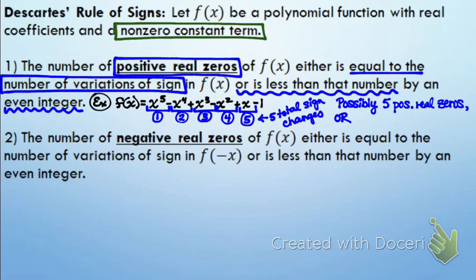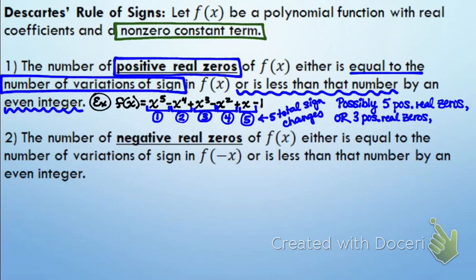Take that down by an even integer. What did you tell me a nice even integer was? 2. Take it down by 2. 3. There could be 3 positive real zeros. Can I go down by an even integer again? Yes. Another 2. 1.